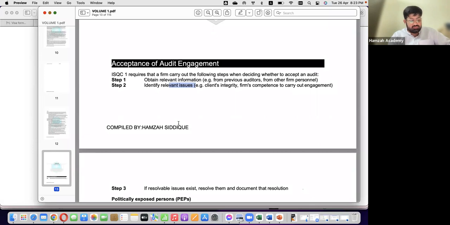So, students, let me connect it with my iPad so that I can explain it better over there. Just a minute, please. Now, can you see my screen?